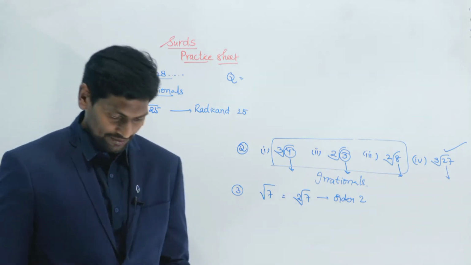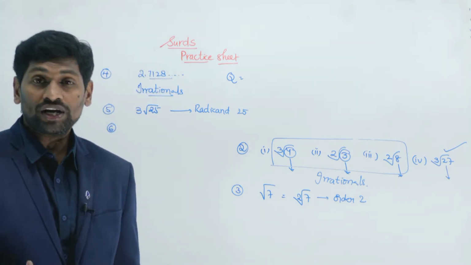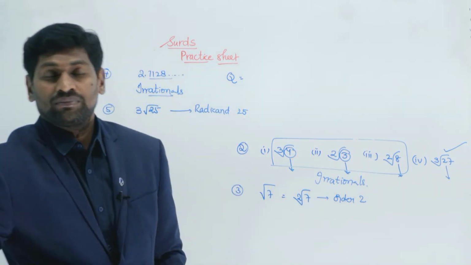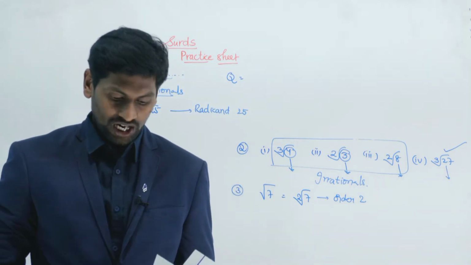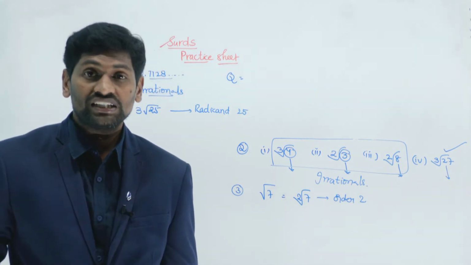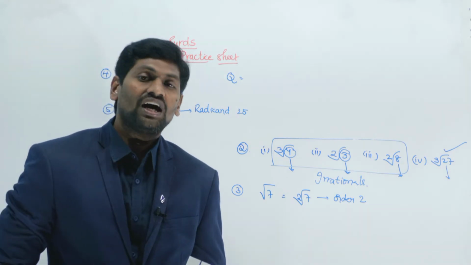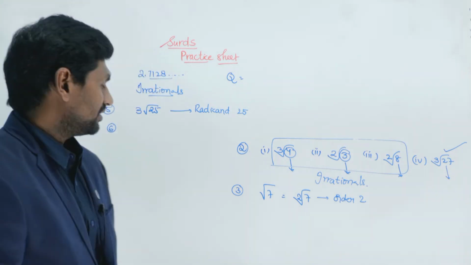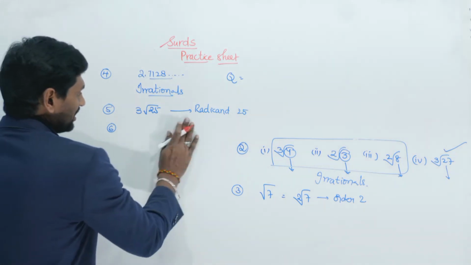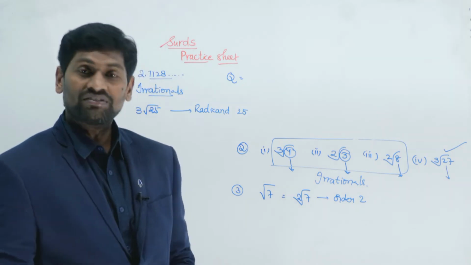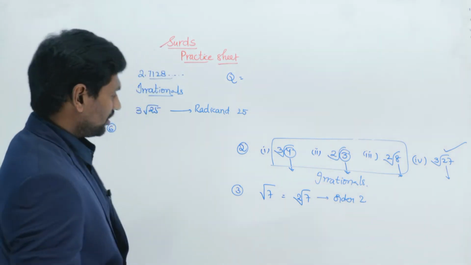Now, the 6th question. An example of a quadratic surd. What is a quadratic surd? A surd whose order is 2 is called a quadratic surd. Order 3 is a cubic surd, order 4 is a biquadratic surd. So the example of a quadratic surd must be a square root.